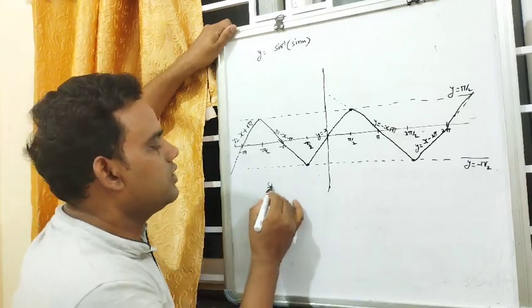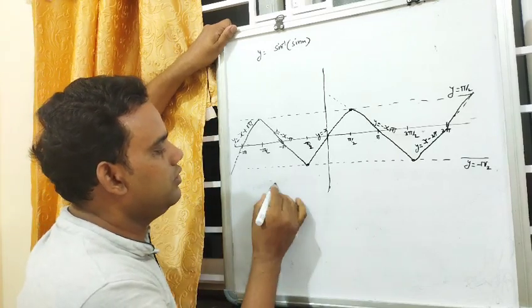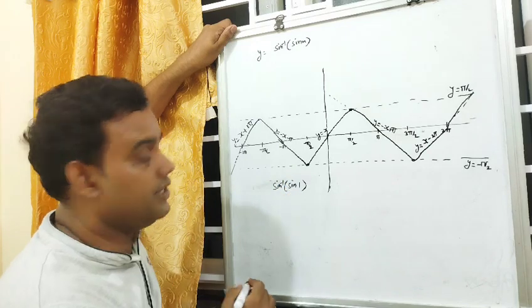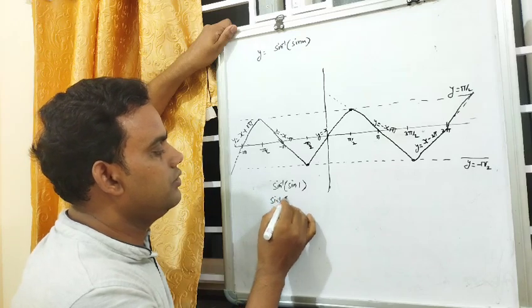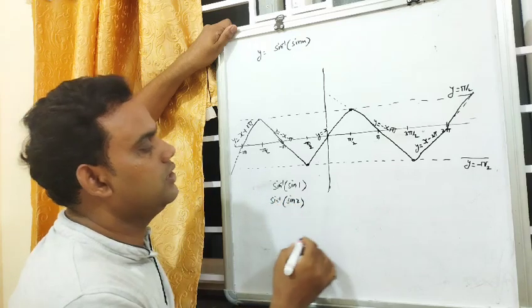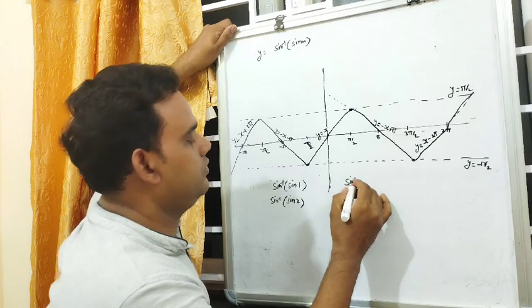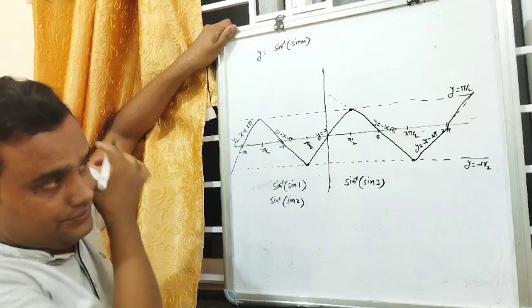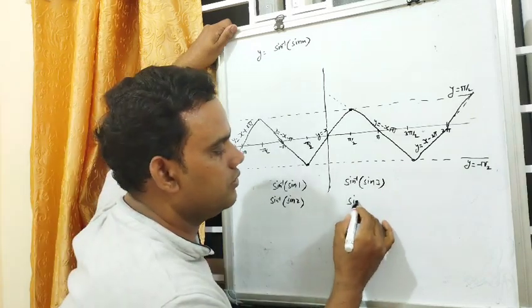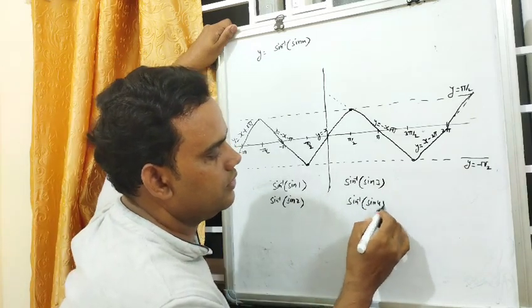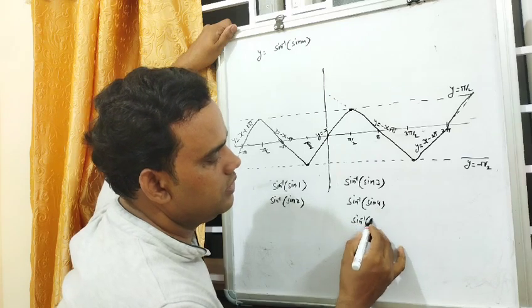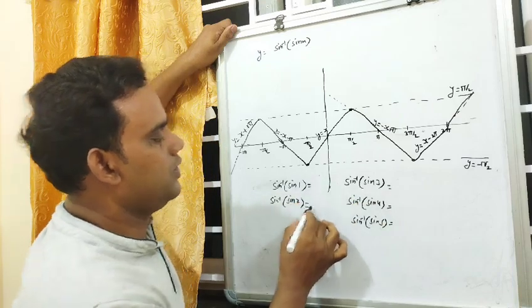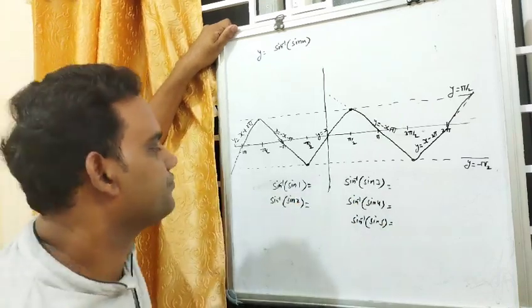If anyone asks for sine inverse of sine 1 degree, sine inverse of sine 2, sine inverse of sine 3, sine inverse of sine 4, sine inverse of sine 5, how do we find it? First, sine inverse of sine 1.